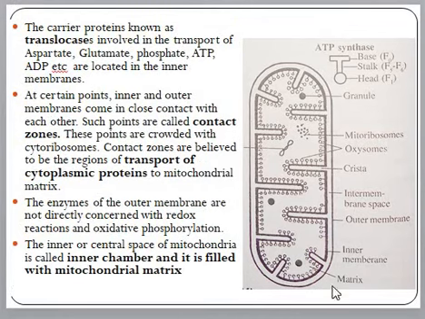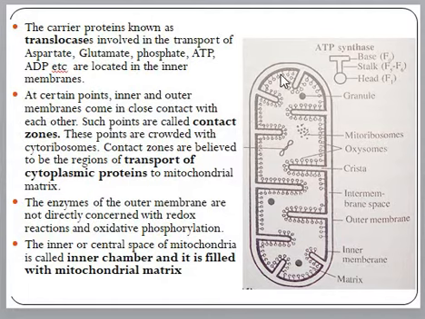So this is the typical structure of a mitochondria. This is the outer membrane and this is the inner membrane, and the space between these two membranes is called the perimitochondrial space, and this space is filled with a fluid. This is the inner cavity of the mitochondria, and this region is called the matrix.